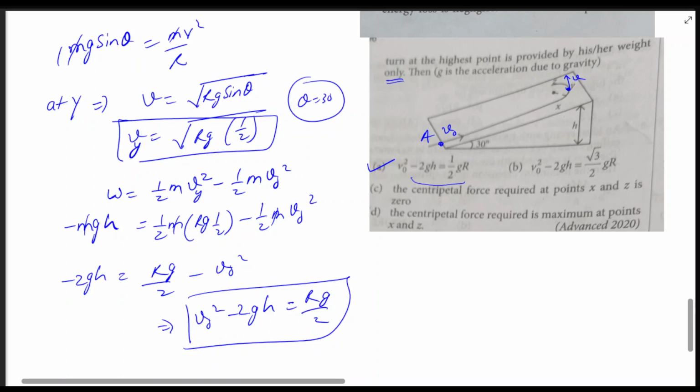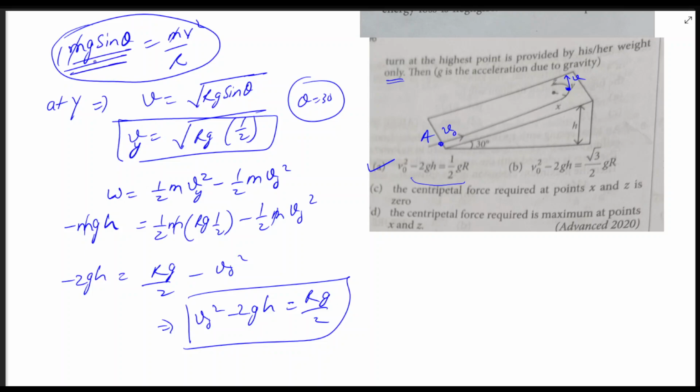So at this point, this is interesting. The weight will be mg sin theta, and it will be equal to our centripetal force, or centrifugal force to be precise, right? So this option is wrong: the centripetal force required at points X and Z is not 0. Look here, there will be velocity, right?